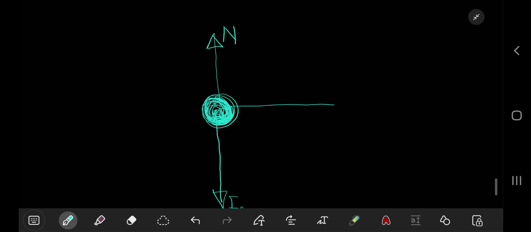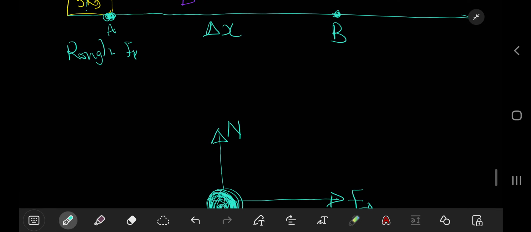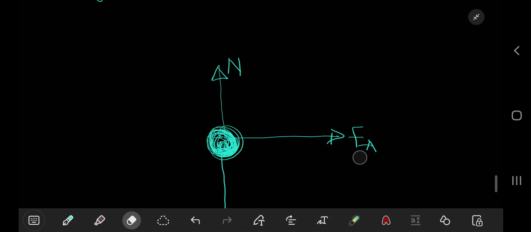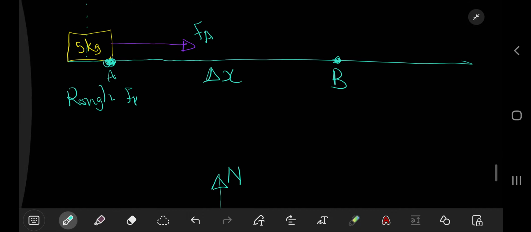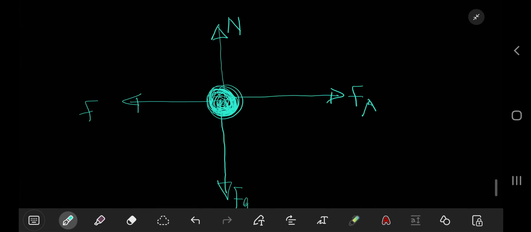So there is your applied force, and it was mentioned that the surface is rough. If the surface is rough, we can conclude that we have friction, or frictional force. The statement continues to say this object moved from point A to point B. If the object was moving, then this is kinetic friction.